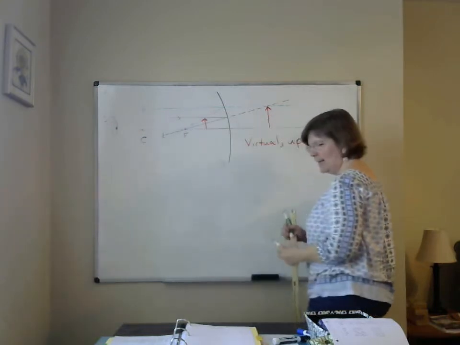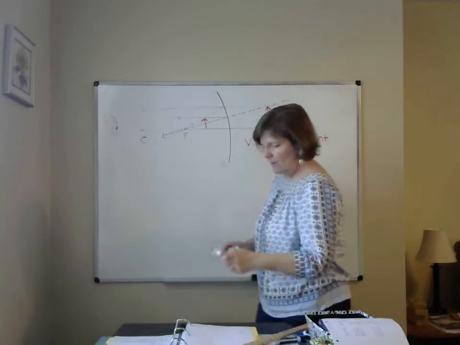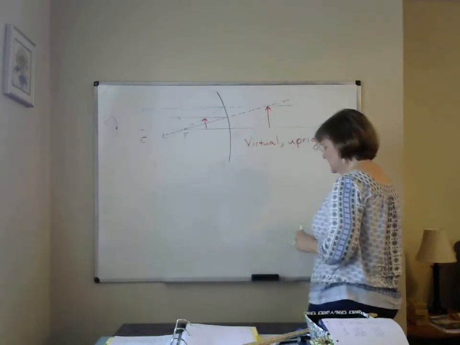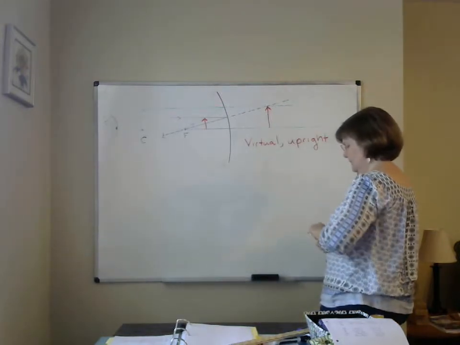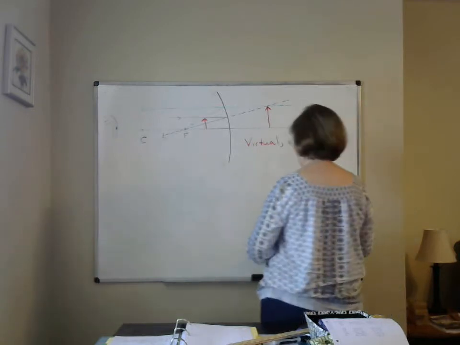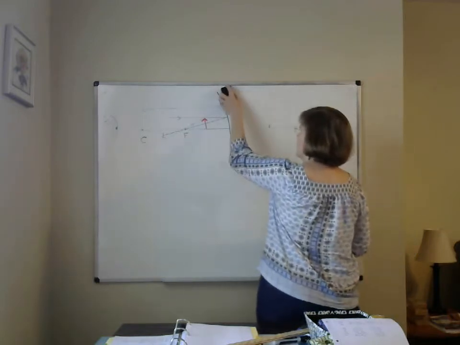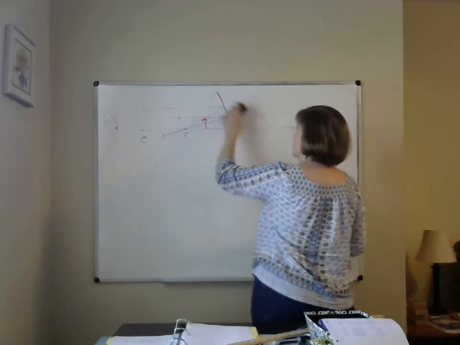Let's do that same kind of image drawing, only this time let's look at what happens if we put it in a slightly different place. Let's erase the rays we drew.